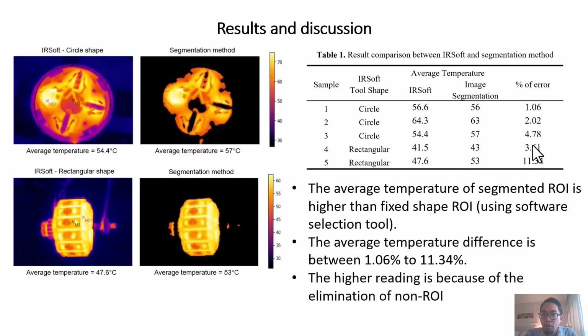The average temperature difference is between 1.06% and 11.34%. As we can see, the values from image segmentation are higher. This is because we eliminate the irrelevant area, so we only focus on the important parts.